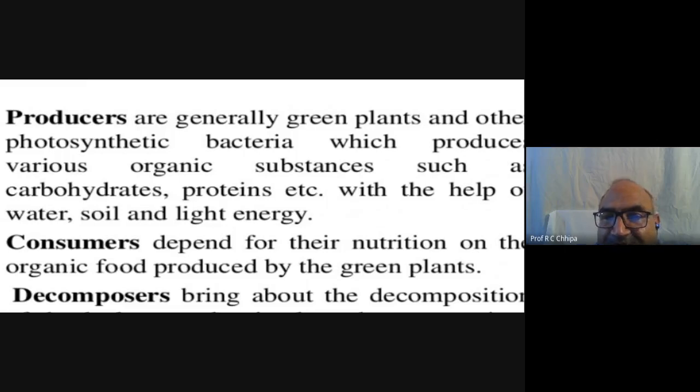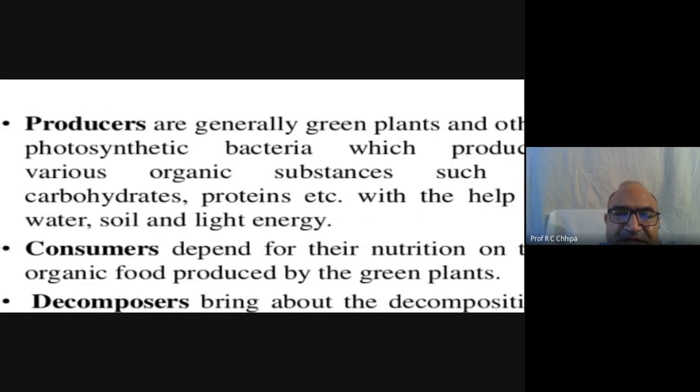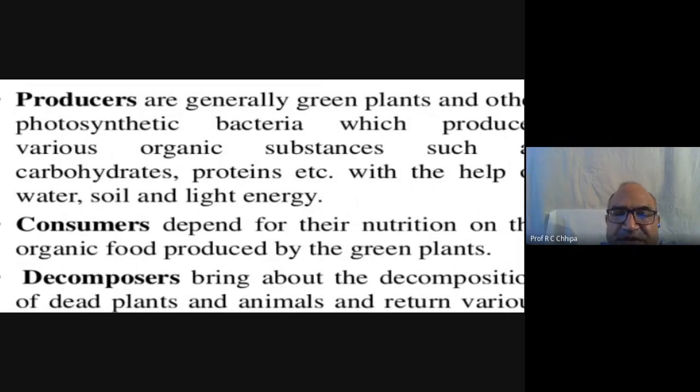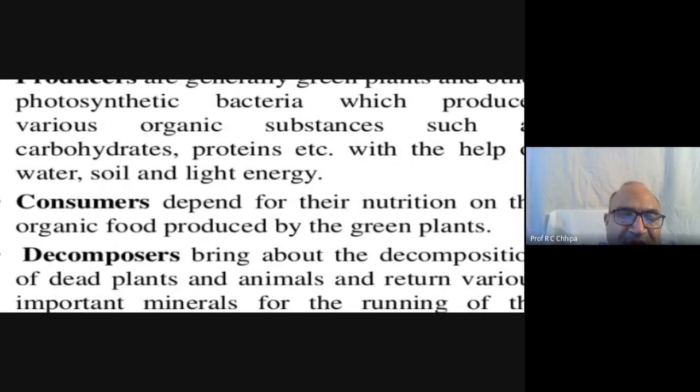So there are three different parts of the ecosystem. Producers are generally green plants and other photosynthetic bacteria. As I have discussed earlier, they produce various organic substances such as carbohydrates and proteins with the help of water, soil, and light energy.